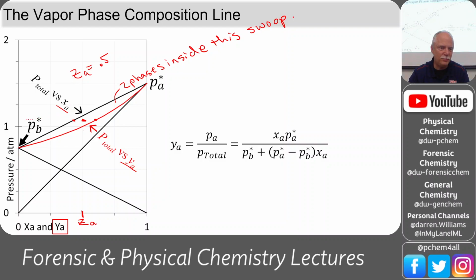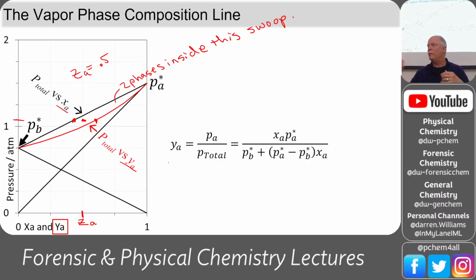But if I'm at this pressure, so I've got the whole container in equilibrium at this pressure, which is slightly above 1 atmosphere. I've got it sealed up, so I'm holding pressure. The vapor phase has this composition, and the liquid phase has this composition. So the vapor phase is like 55% A, and the liquid phase is 45% A. And that makes sense because A is more volatile.